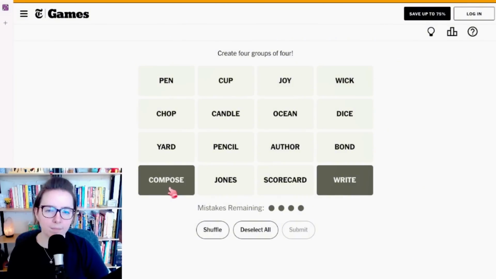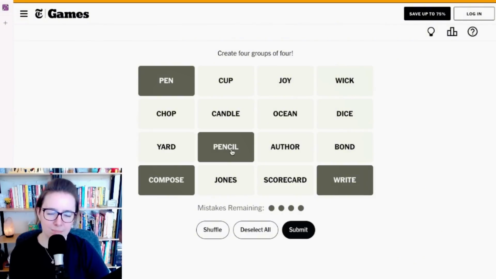To compose something, like you compose music, for example, but you can also compose a piece of writing. And then, of course, to write is the general verb. So because what we know about pen can also be a verb, compose is a verb, and write is a verb. We can sometimes use pencil as a verb. You can pencil someone in, for example.